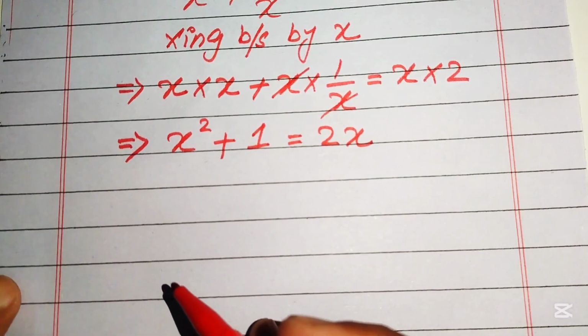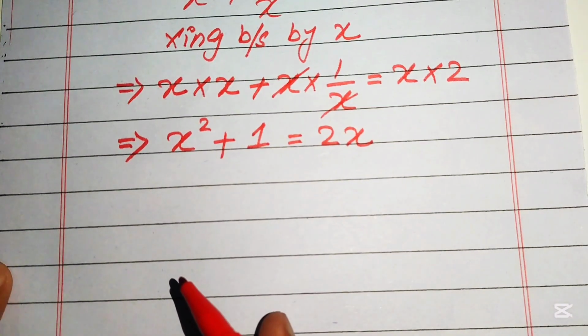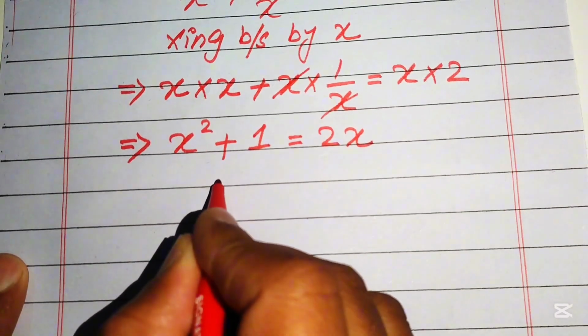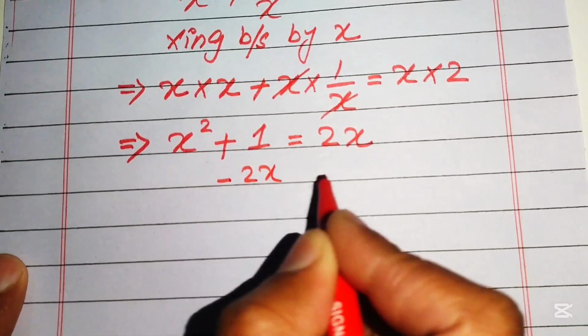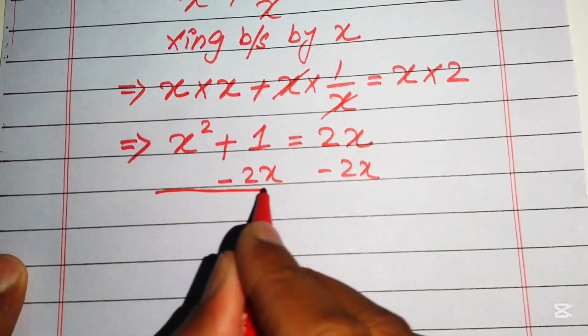But it is not in the standard form. So first we need to write this quadratic equation in the standard form. For this we subtract 2x from both of the sides, in order to move this 2x to the left hand side.